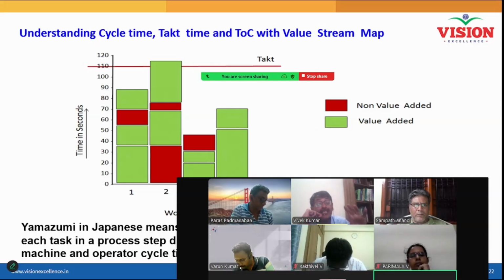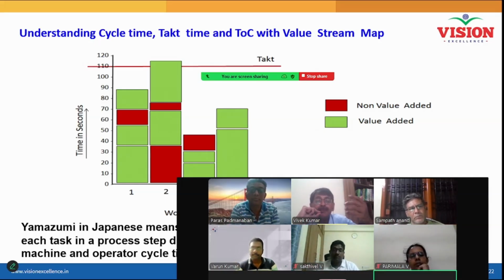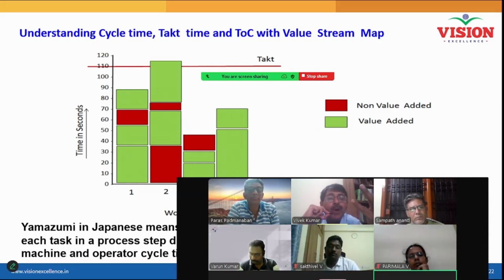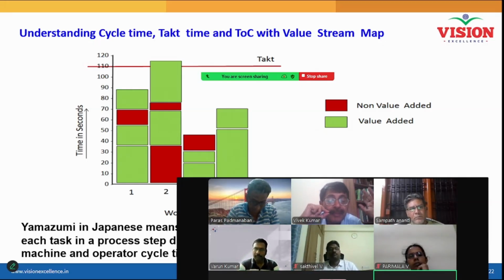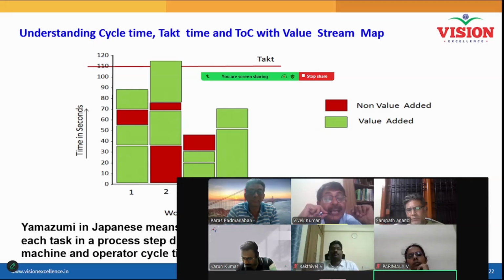So the first attack shall be on those activities which are non-value adding in black and white, like breakdown maintenance. Yes or no? Breakdown maintenance is a non-value adding activity. Eliminate that. Waiting is a non-value adding activity. Eliminate that. Searching is a non-value adding activity. Eliminate that.